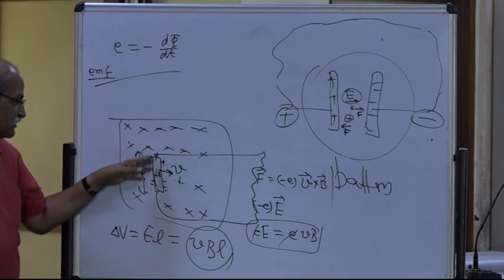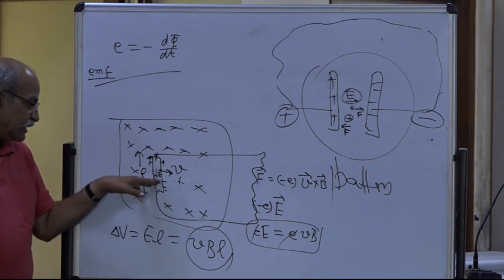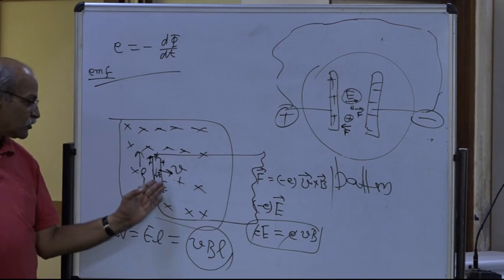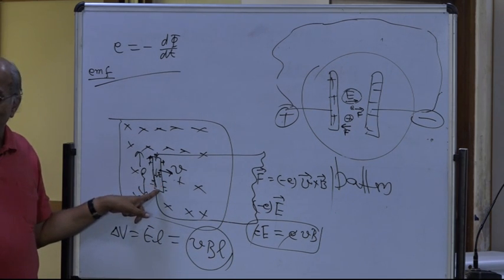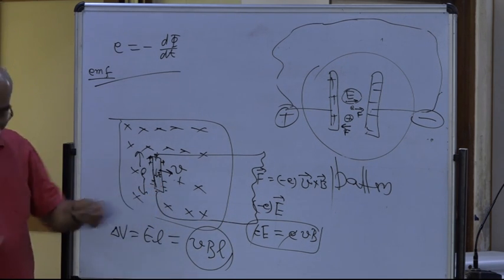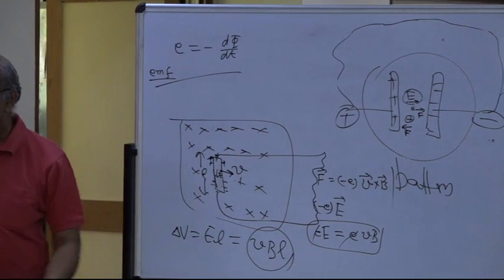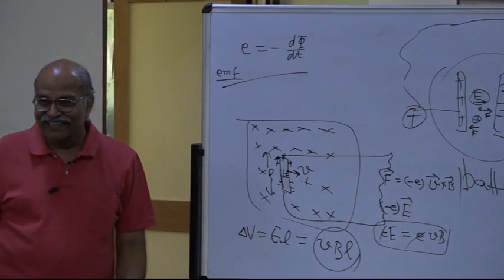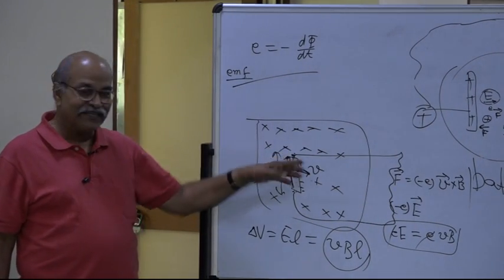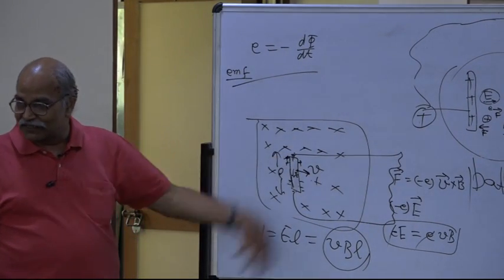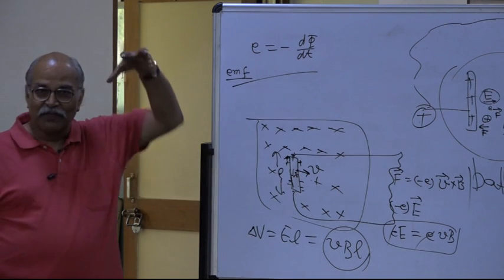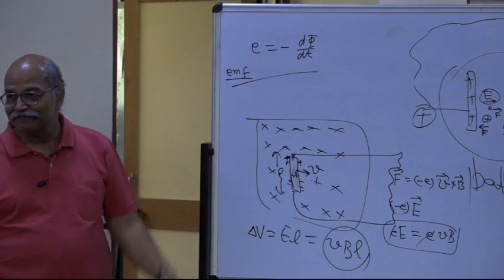This is positive, this is negative, so current is going this way. Electrons are going from here, so the number of electrons is trying to reduce. Then the driving force supplies more electrons. If electrons are reaching here, the driving force pushes them away from here, so that positive and negative are maintained.